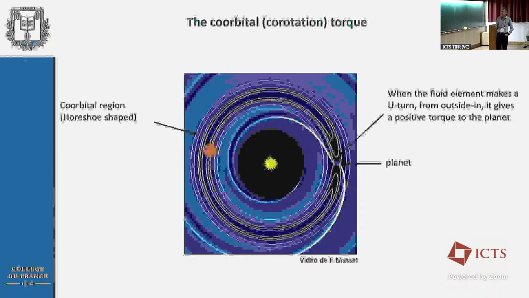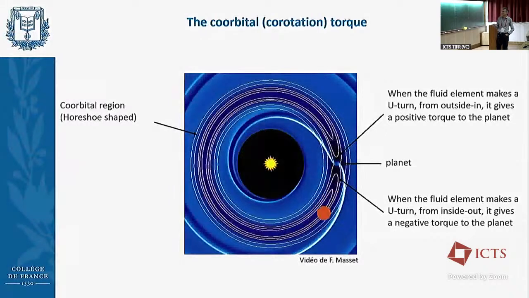But of course, when the opposite occurs, and there is this other U-turn, and the fluid element goes from inside the horseshoe to the outside, the fluid element gains angular momentum and takes away angular momentum from the planet. So in principle, you would say, okay, this is equilibrium, and one effect will cancel the other one.